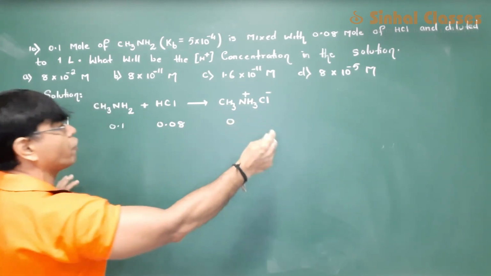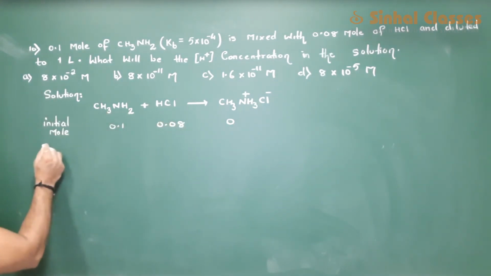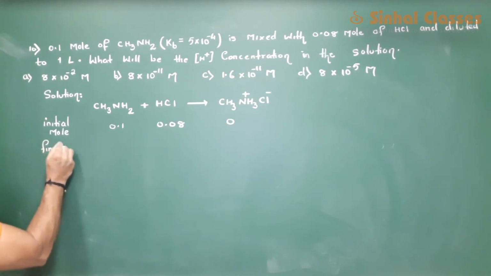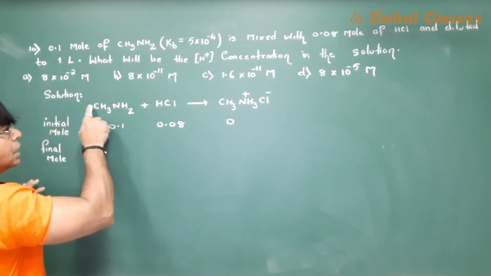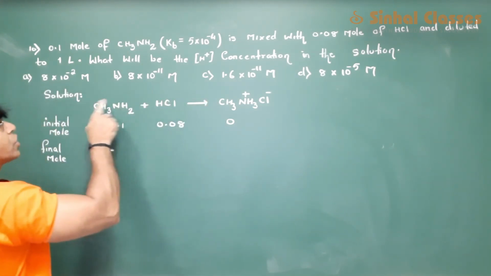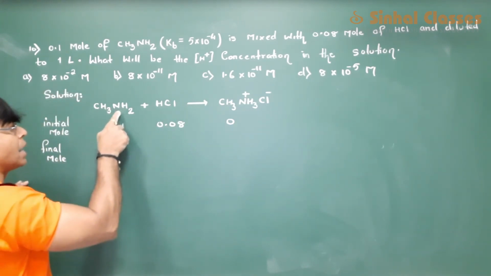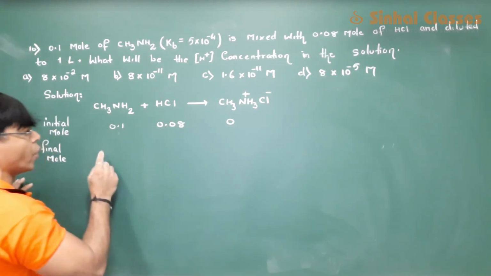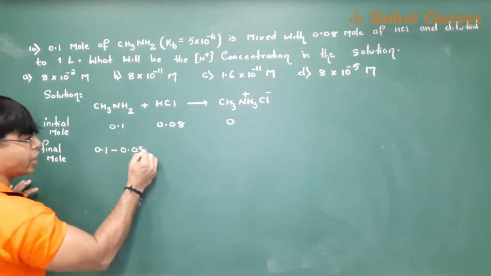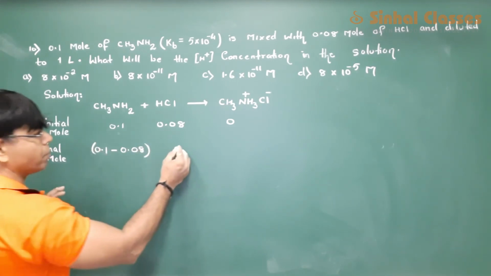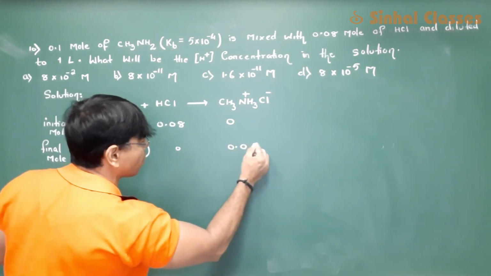Initial mole was 0 for the salt when the reaction started, but once the reaction is over, since they are in the ratio of 1:1, the mole of methylamine consumed will be 0.08. So left out will be 0.1 minus 0.08. The HCl will be totally used up and 0.08 moles of the salt will be formed.